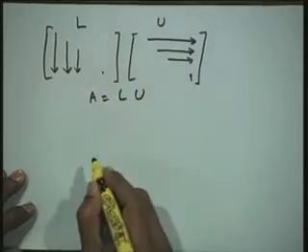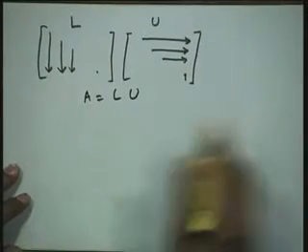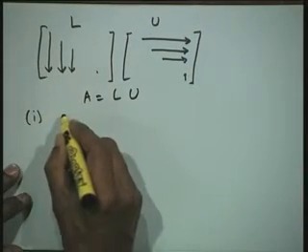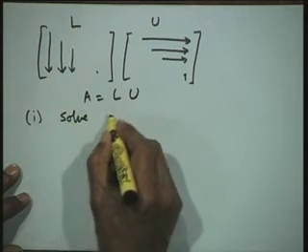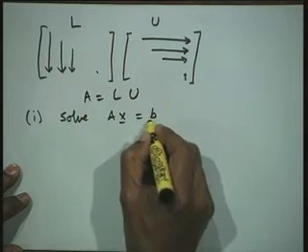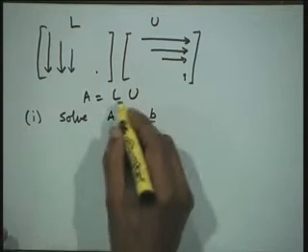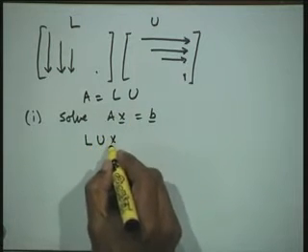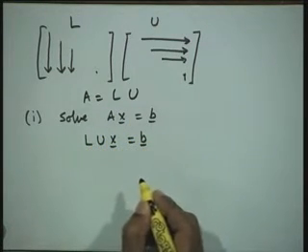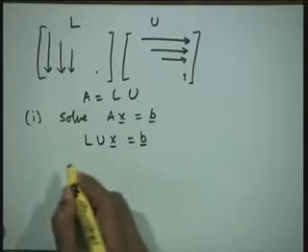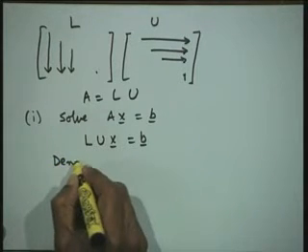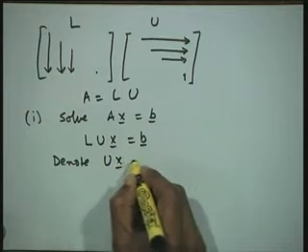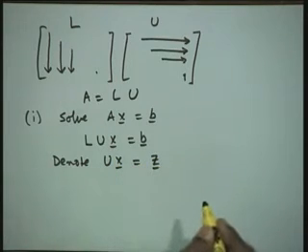Now, let us assume that we have obtained A equal to L U. The next step is, we had given two problems at the start, and one is to solve your system of equations Ax equal to b. Now, we substitute for A, that is, L U x equal to b. Now, I denote the product U x equal to some vector z.